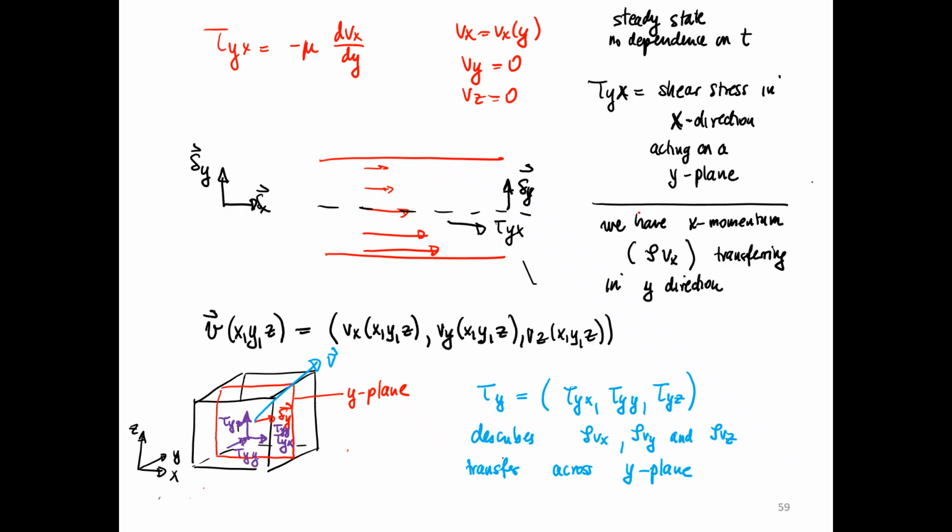So we are using the convention that this is x momentum transferred across y plane, and that's why I have the direction of x. Okay? Is the action of the x momentum. Y momentum across y plane and z momentum across y plane. Yes. And this in itself is a normal stress on the plane. Normal stress on y plane. And these two are shear stresses.